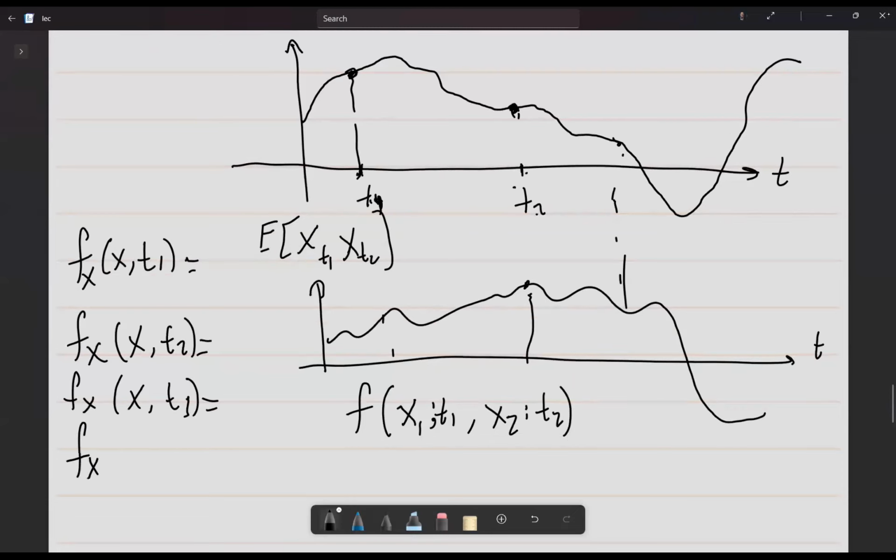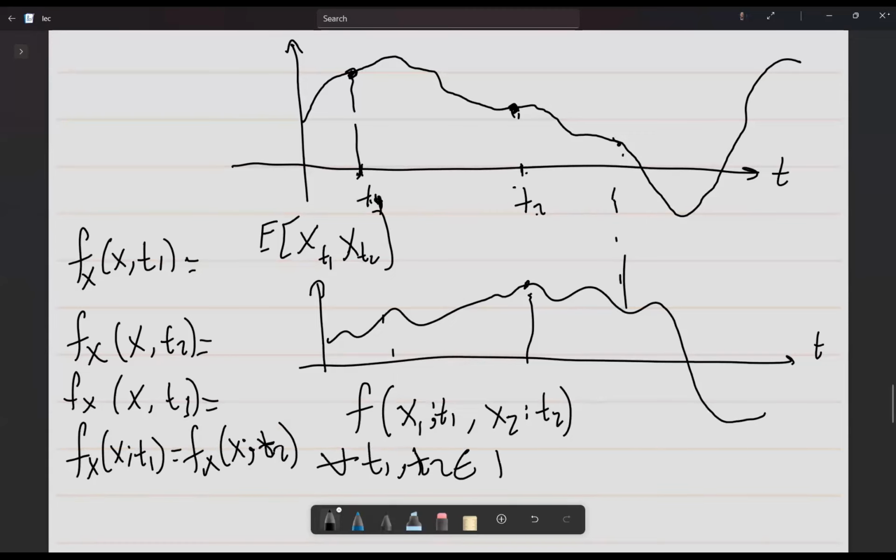So f_X(x) at t1 is the same as f_X(x) at t2, for all t1 and t2 belonging to some time period T. So in this case the distribution is the same, and we call it a stationary process.